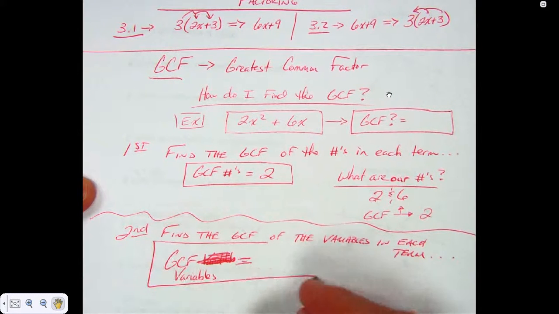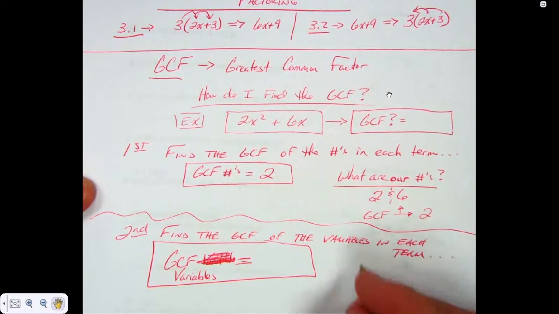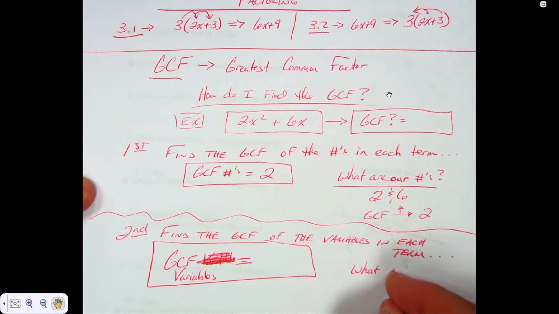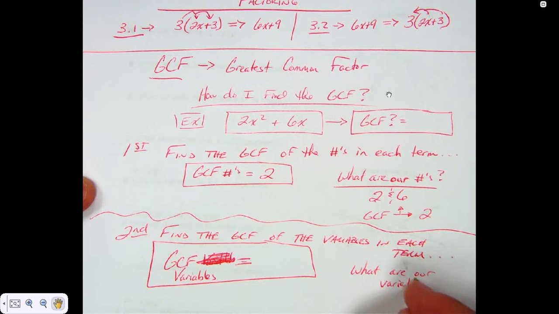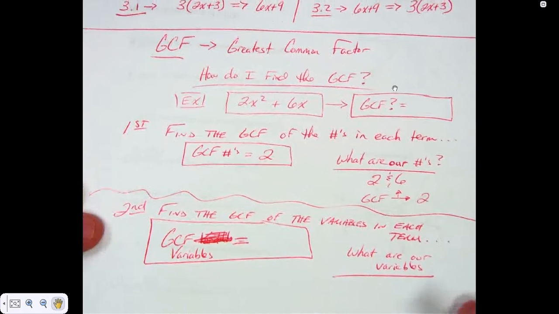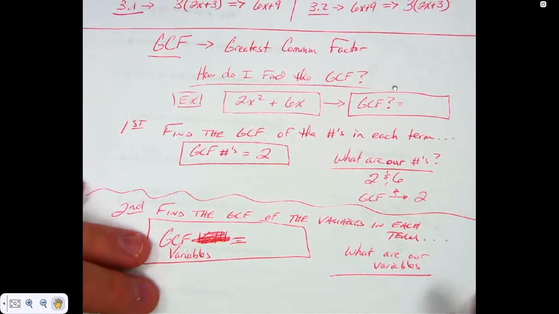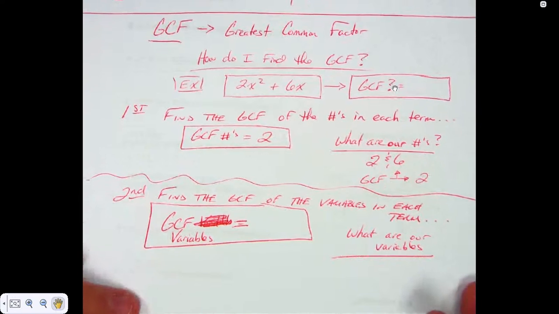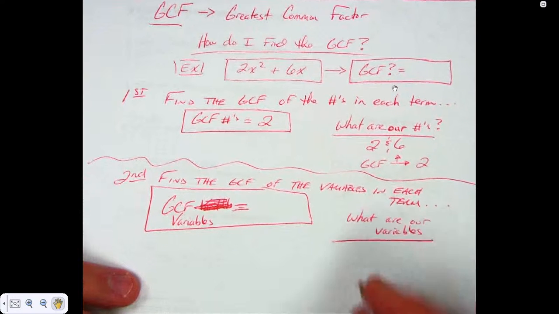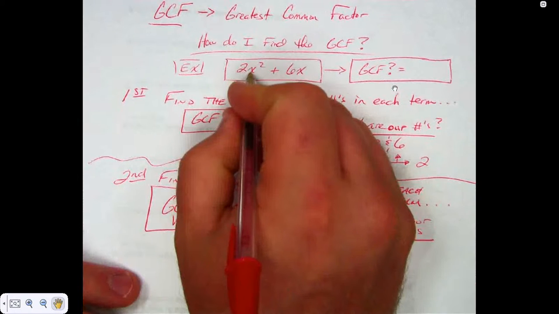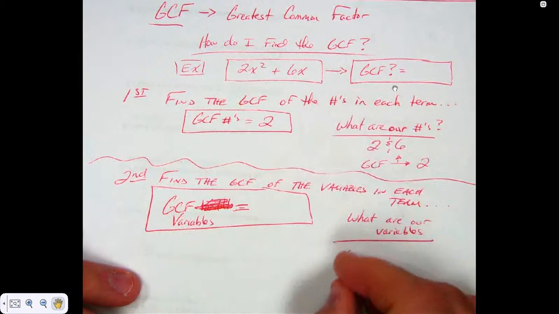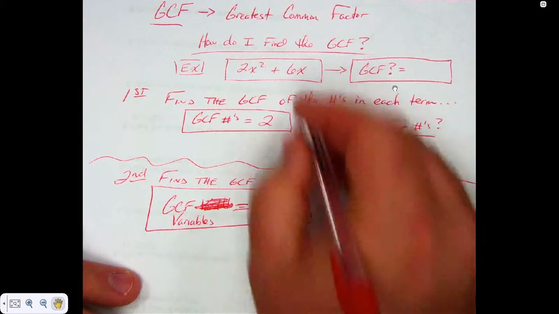That's what we've got to find right now. Well, what are our variables? What are they? Please pay attention. Turn around here. What are our variables in this term? What are the variables in this one? X squared and what?